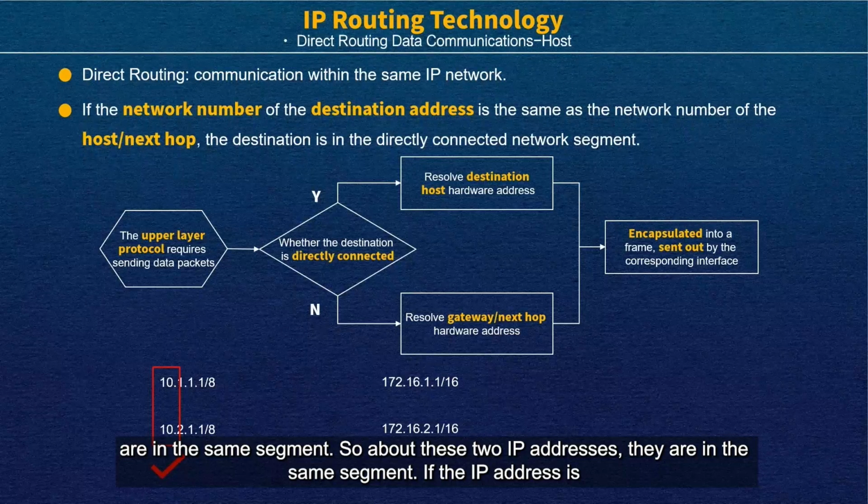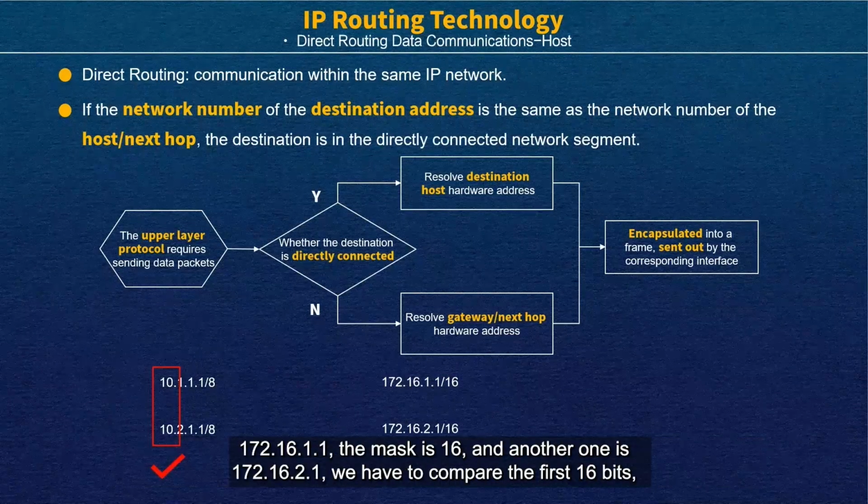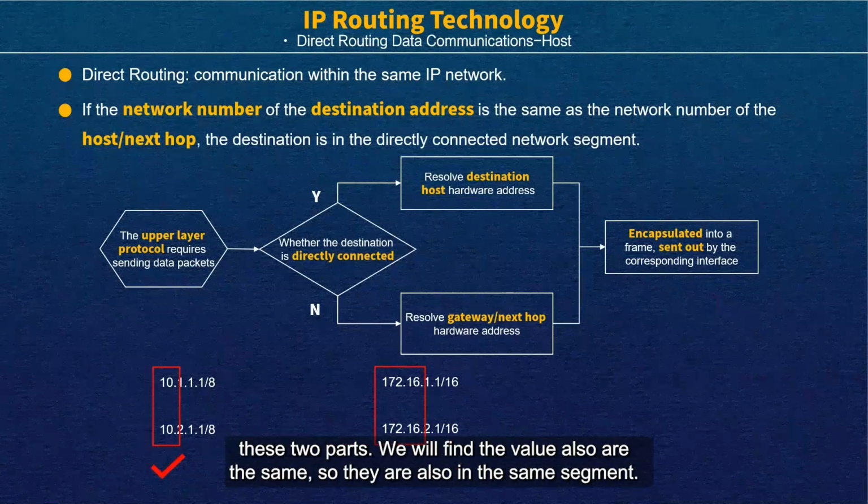For another one, the IP address is 172.16.1.1, the mask is 16, and the other one is 172.16.2.1. We have to compare the first 16 bits of these two parts. We will find the value is also the same. So they are also in the same segment.